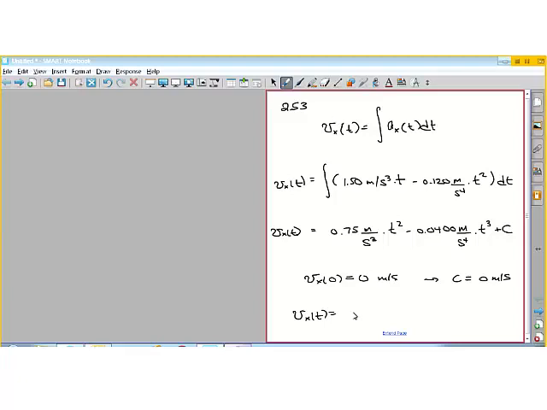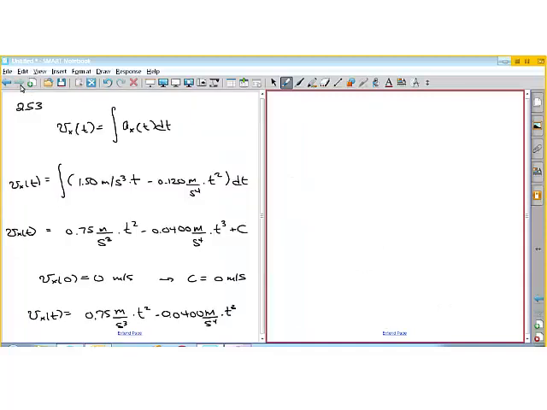So v sub x as a function of t is 0.75 meters per second cubed t squared minus 0.0400 meters per second to the fourth t cubed.